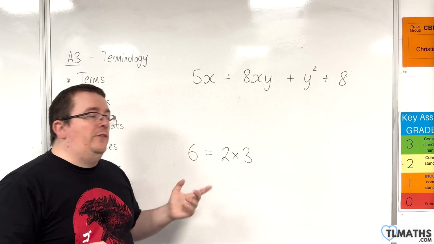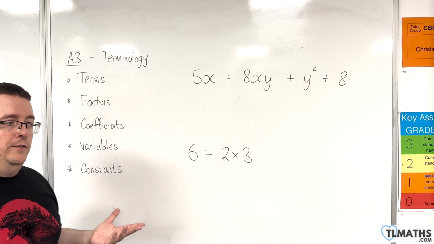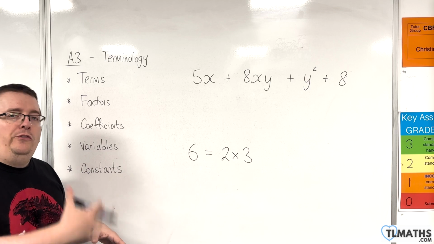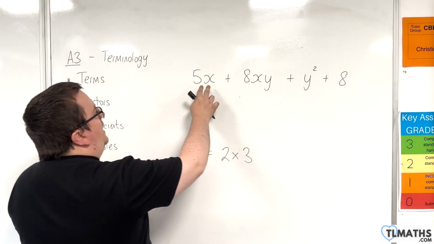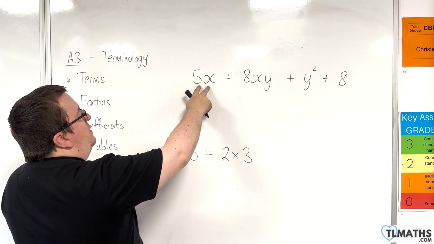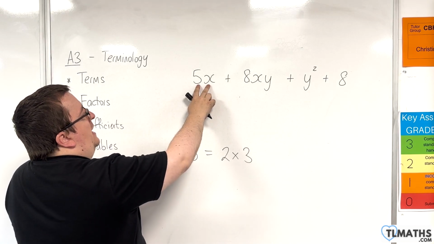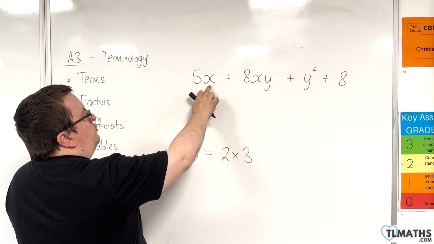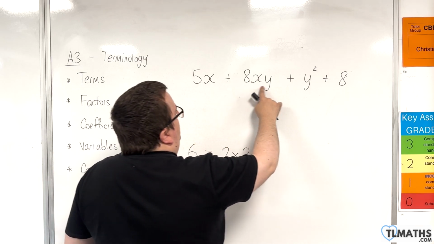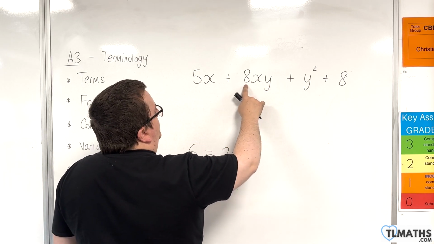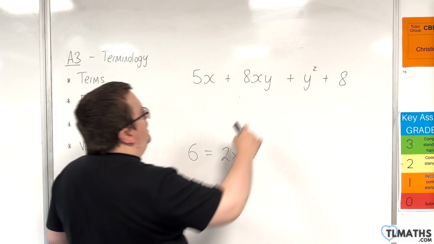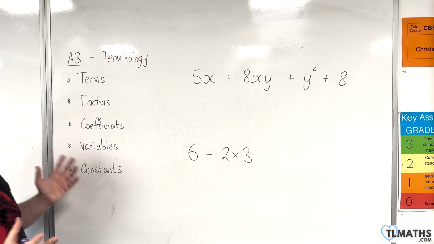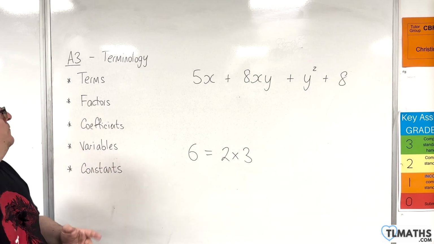You can say that 3 is a factor of 6. And it's also got 1 as a factor, and 6 as a factor. The point is that we can see this term clearly as having a factor of 5 and a factor of x. This has a factor of 8, a factor of x, and a factor of y. That's what I mean by factors in this context.